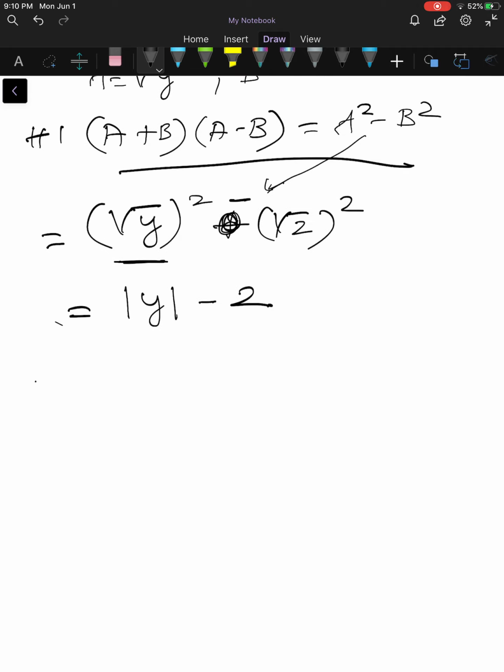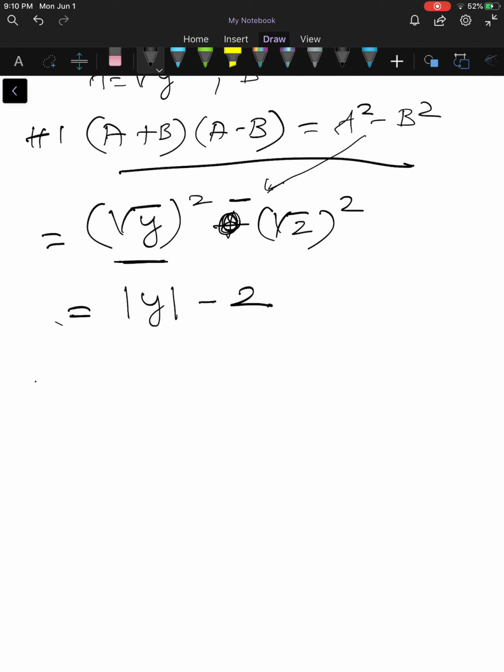So this is nothing but a square minus 2ab plus b square. Now substituting for a and b, a is nothing but x and b is nothing but 3y. So if you substitute for it, you will get x minus 3y the whole square to be x square minus 2 times x times 3y plus 3y the whole square.